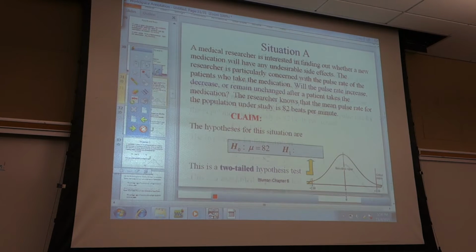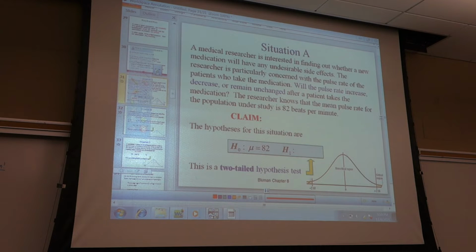So the first one, Alberto, read for me. A medical researcher is interested in finding out whether a new medication will have any undesirable side effects. The researcher is particularly concerned with the pulse rate of the patients who take the medication.